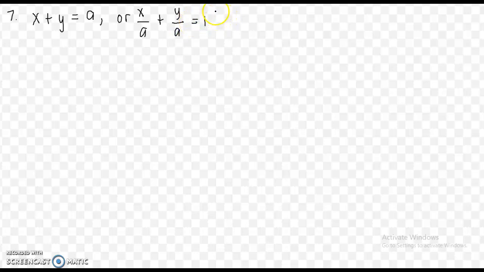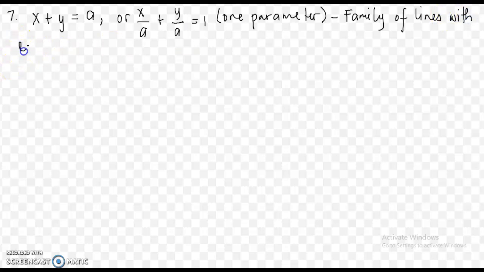This one is one parameter. Family of lines with equal intercepts.